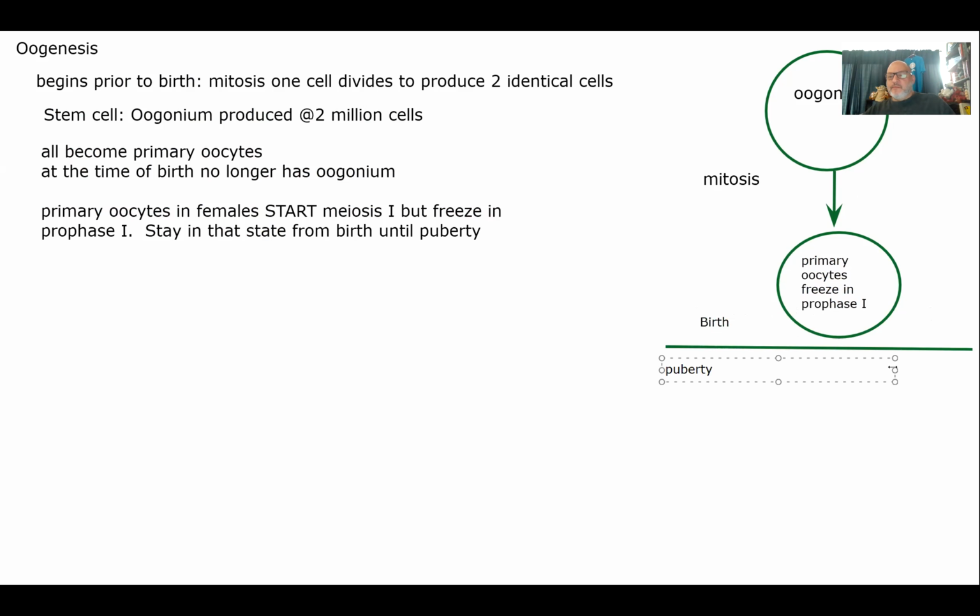At puberty, the primary oocyte finally is able to complete meiosis 1. So let's draw a line here as well.